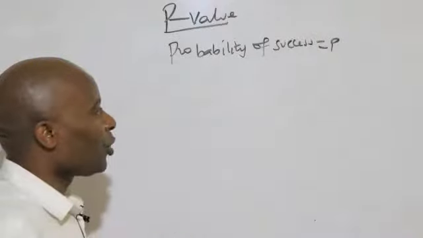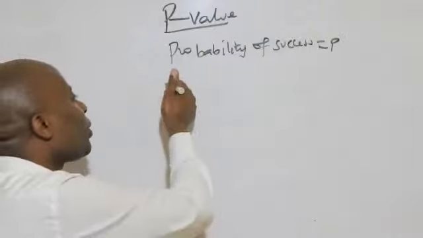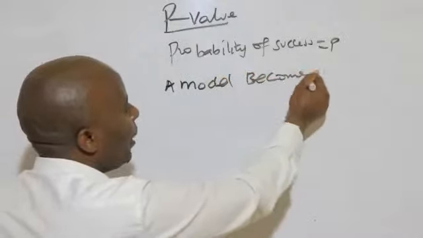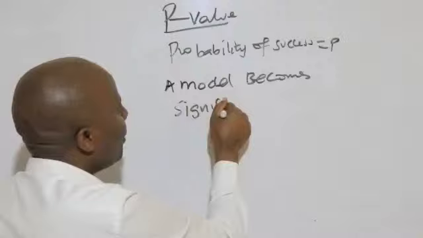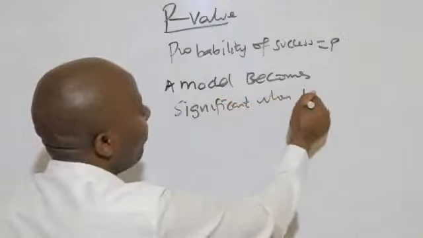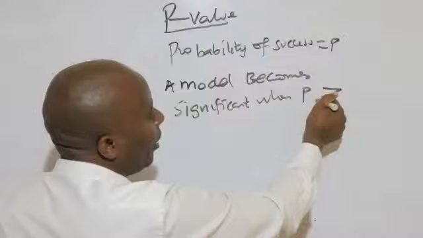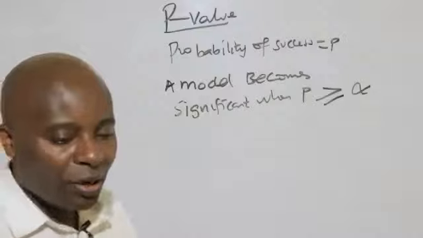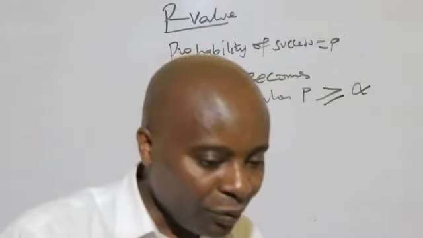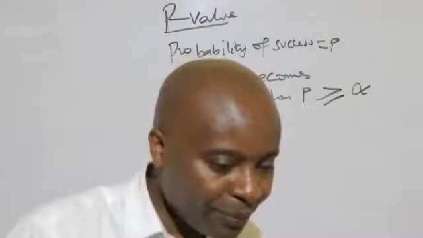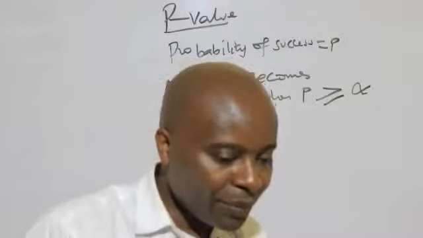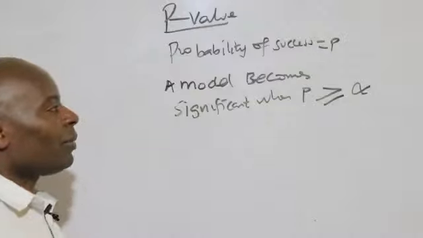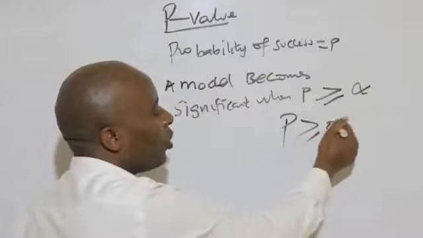Because for us to say that a model is significant, a model becomes significant when P is greater or equal to the level of significance. So remember the level of significance here. P should be greater or equal to 0.05.